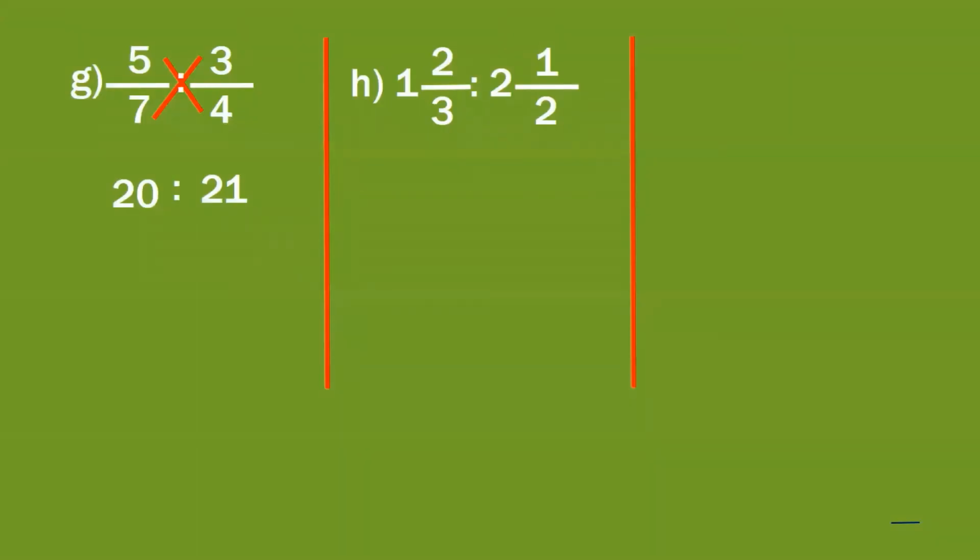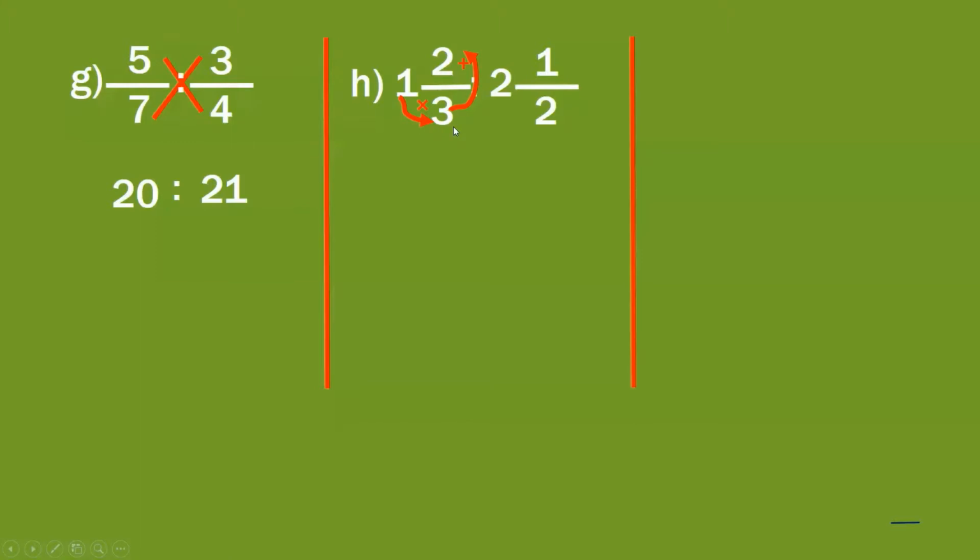We have mixed numbers. So the first step is to change them into whole numbers. How to change a mixed number to a whole number? Multiply the whole number 1 by the denominator 3 and then add the numerator 2. 1 times 3 equals 3 plus 2 equals 5.